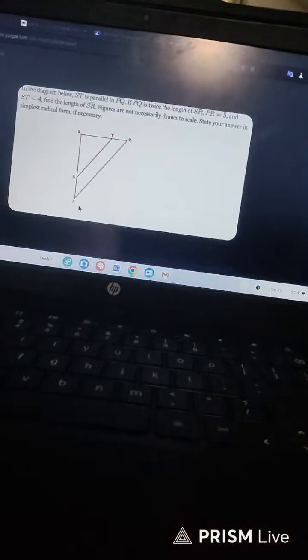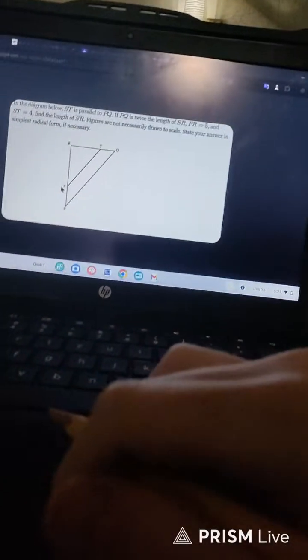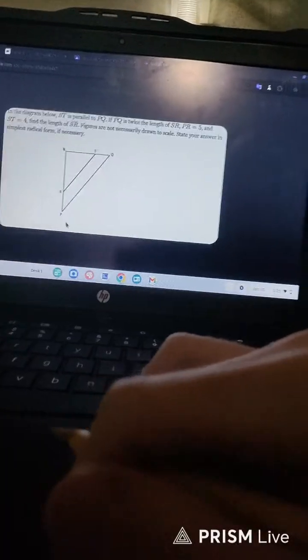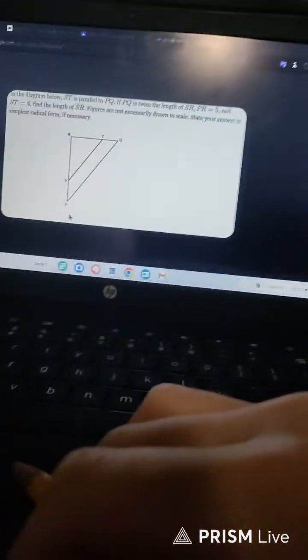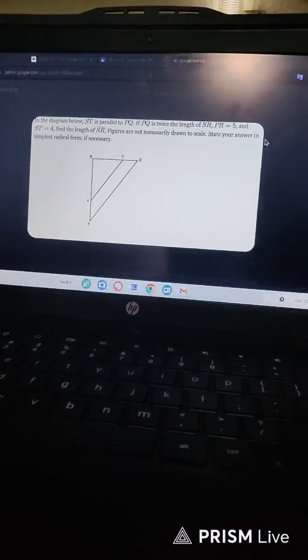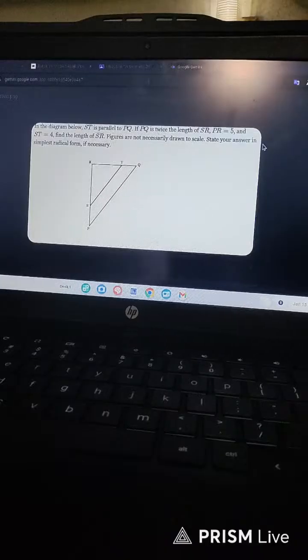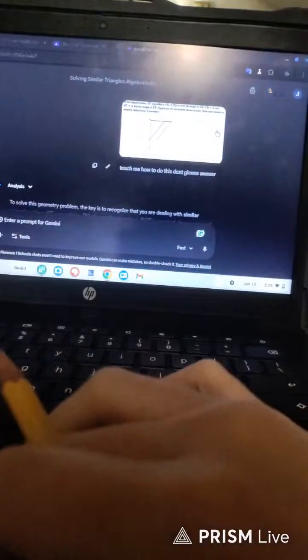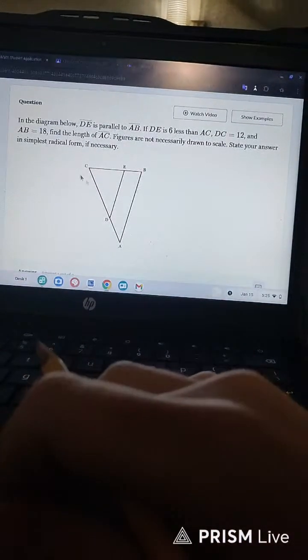After, let me go up here. Start doing stuff. So PQ is 2x, PR is equal to 5, and ST equals 4. So it's SR over PR, which is equal to ST over PQ. It'd be the same thing here.